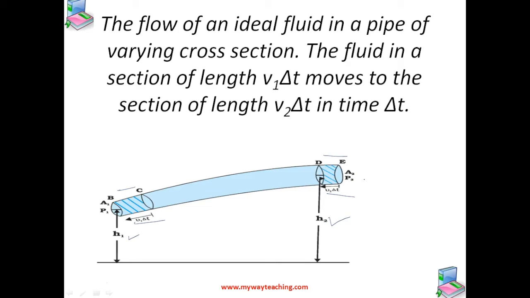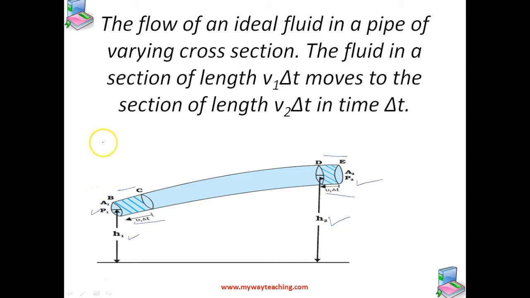So pressures P1 and P2 act on the plane faces of areas A1 and A2 binding the two regions. That is also shown here. The pressure P1 here and the pressure P2 here, isn't it? So the work done on the fluid at the left end, which means at BC, is given as W1.